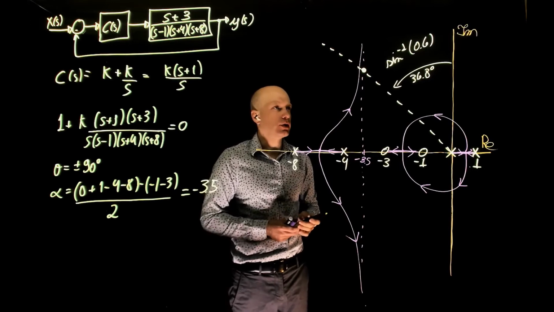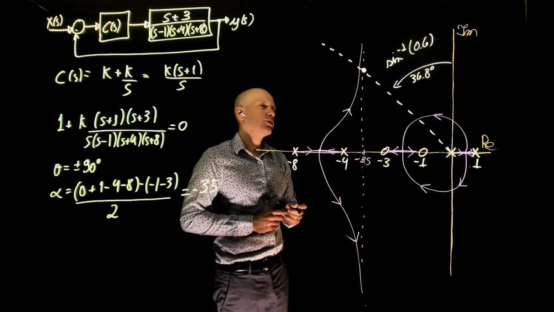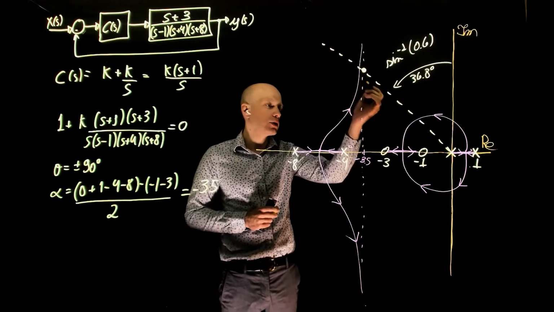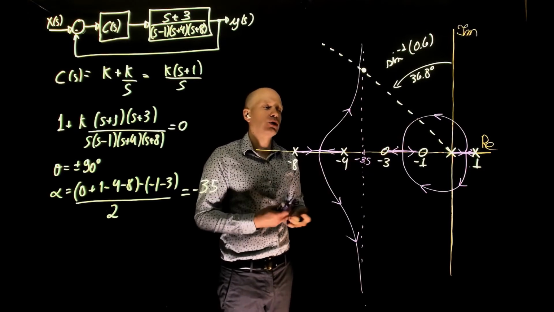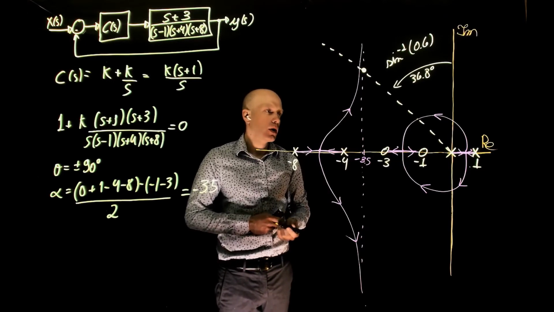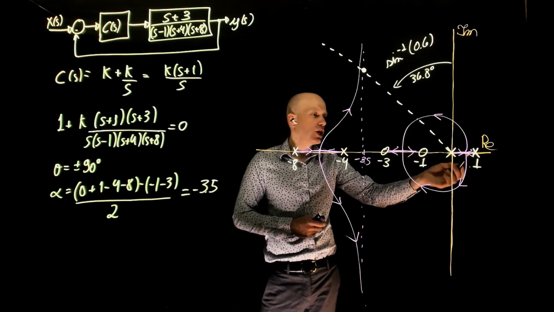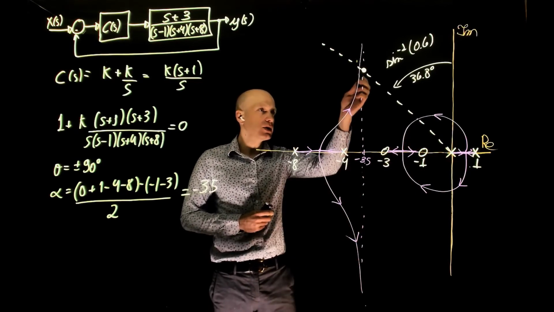Now, how do you solve for this? We now need to locate the poles that have a damping ratio of 0.6. So it could be this point or that point, the intersection of the root locus and the line of constant damping ratio. This one would be very complicated to solve for because we don't know the exact shape here. But this one is easier.